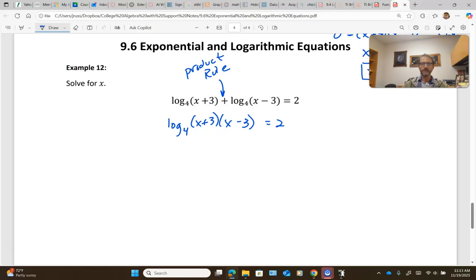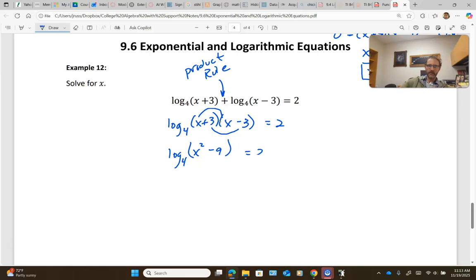Okay. However, before I do that, I'm actually going to go ahead and multiply these two binomials. Now if you notice, these are conjugates, so the outer and inner two terms will cancel. So all we would end up with would be the first and the last. So x squared minus 9.